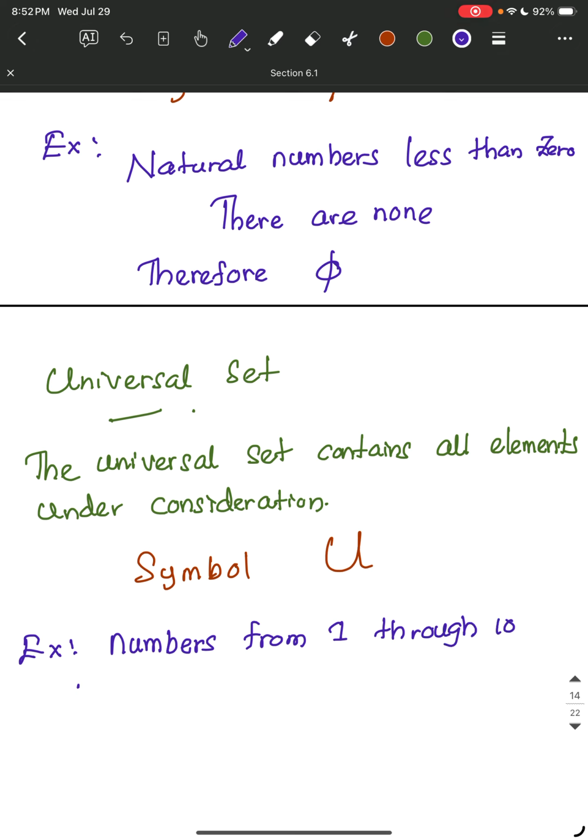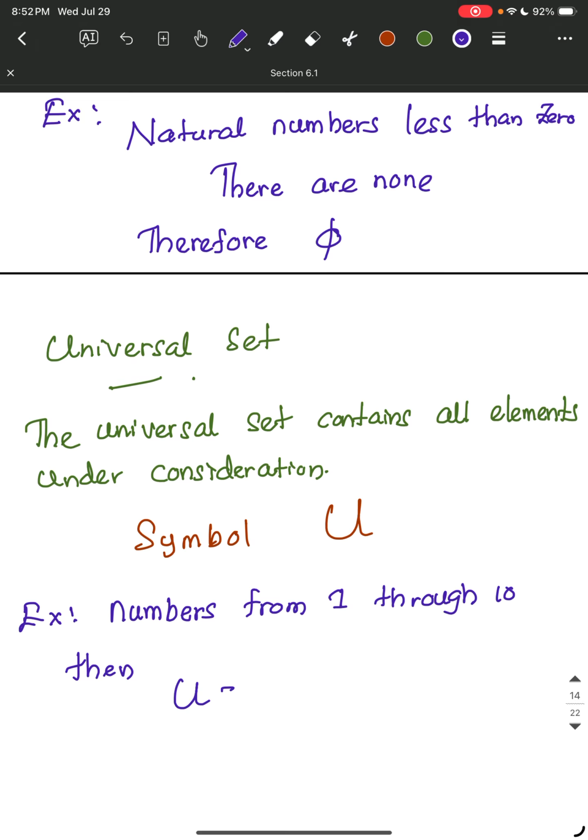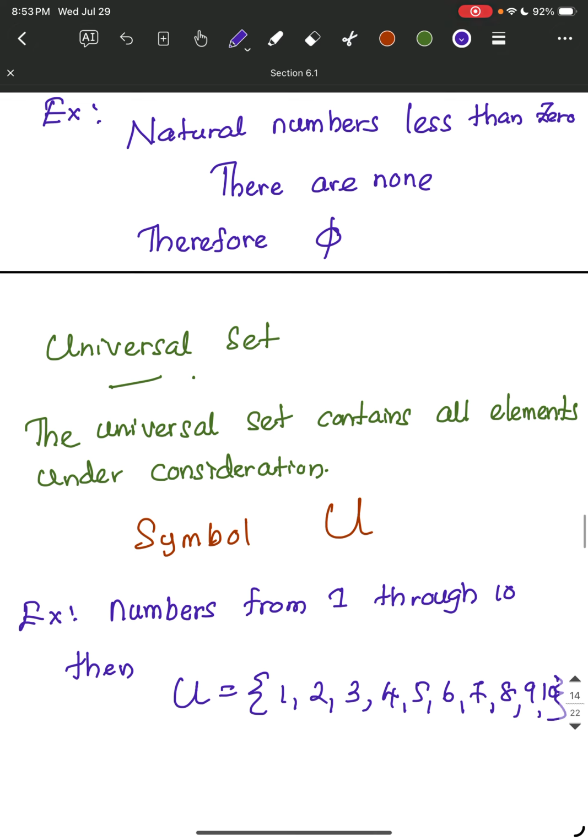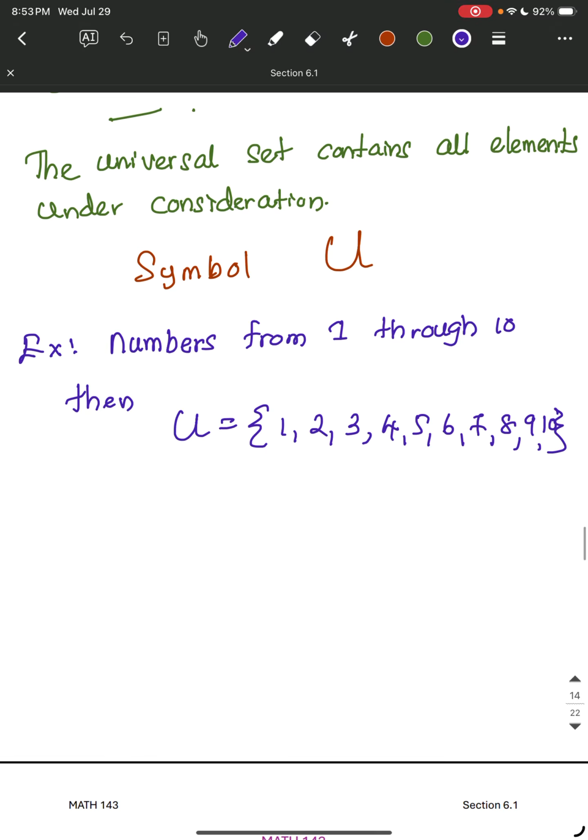Then the universal set, which contains all elements under consideration, is U equals 1, 2, 3, 4, 5, 6, 7, 8, 9, 10. Right? Next, Venn diagrams.